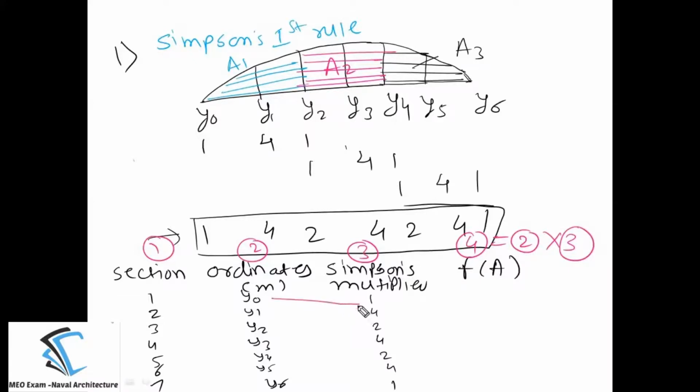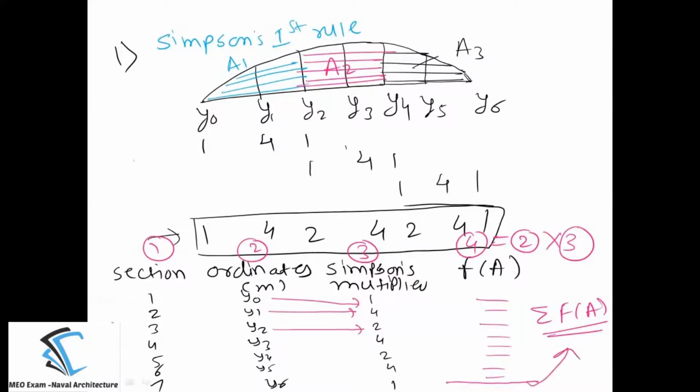So you can multiply y0 into 1, y1 into 4, y2 into 2, like this, and you can generate this function of areas. Okay, now you have a function of area. So do the algebraic summation of this whole thing. That algebraic summation I will write like this: summation of function of area. So that you will get here.